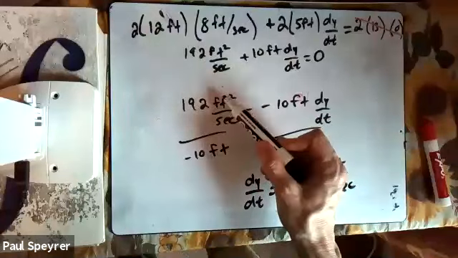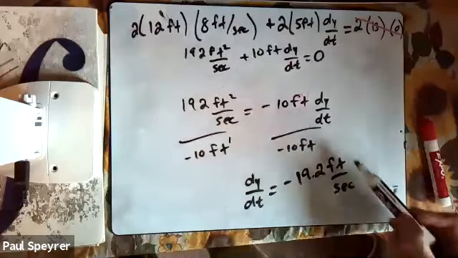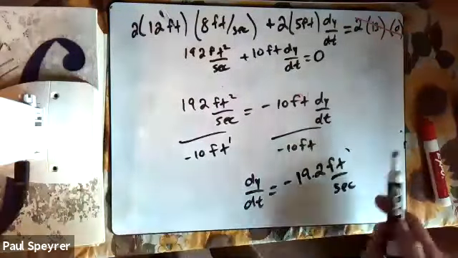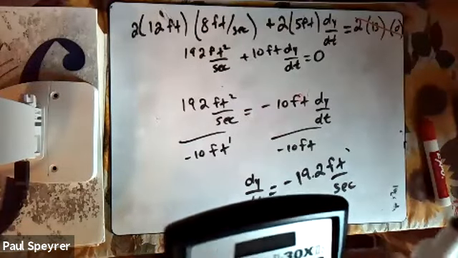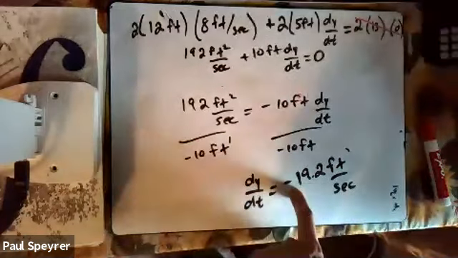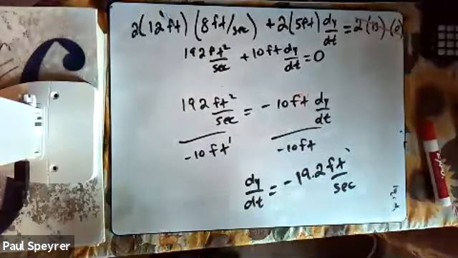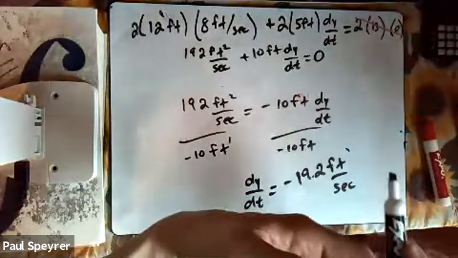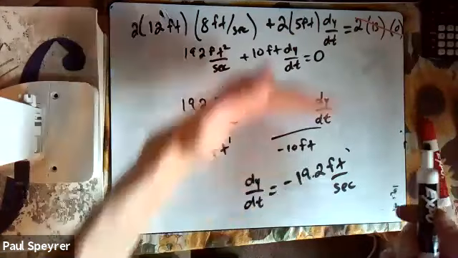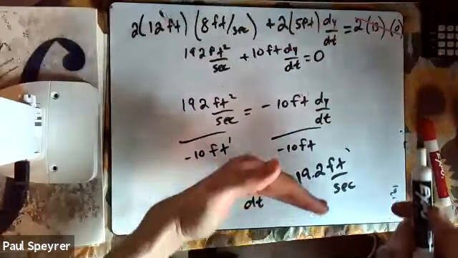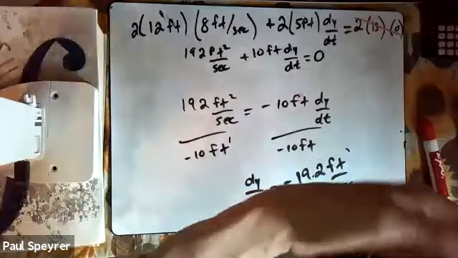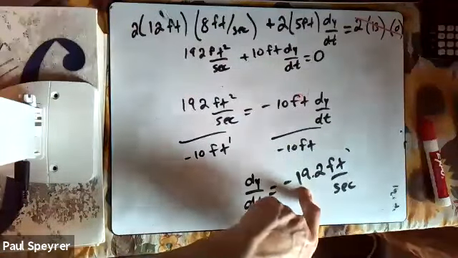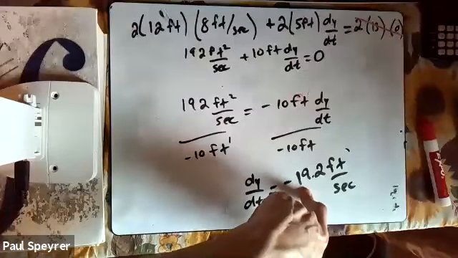If I have a feet squared up top and a feet to the first on the bottom, you're left with a foot to the first. And our answer is negative, right? That should make sense because remember, our ladder was sliding down. If the elevation is decreasing, it would make sense for the rate to be a negative value instead of a positive value, okay?